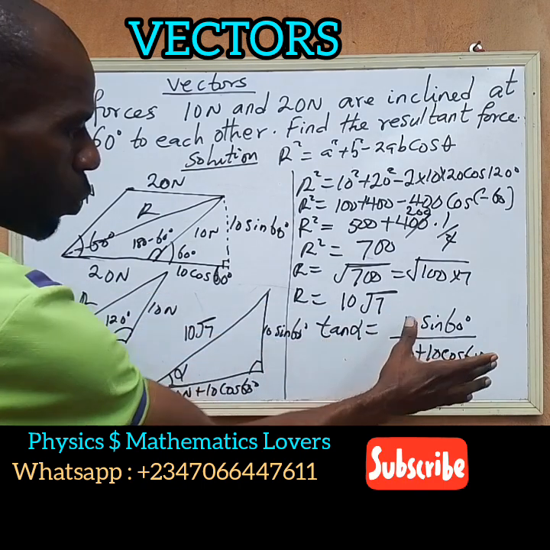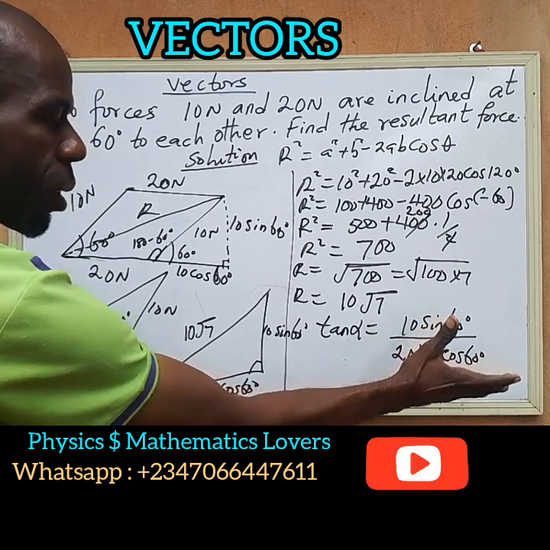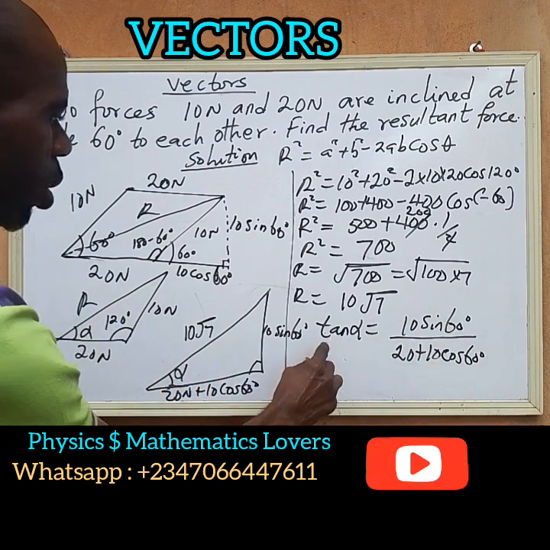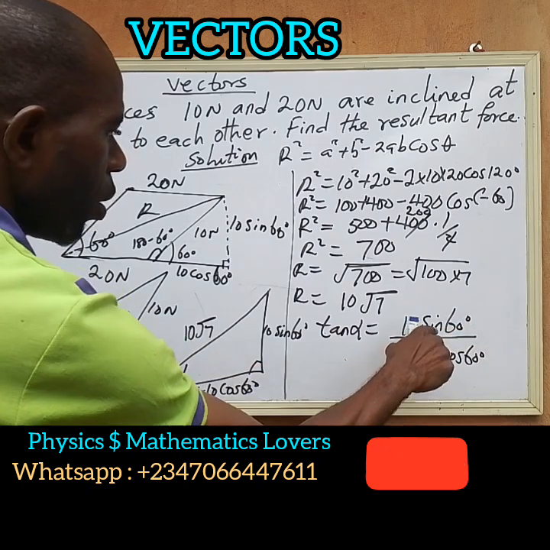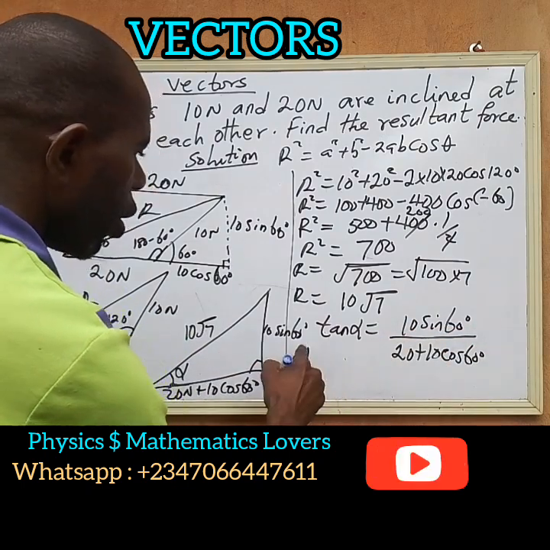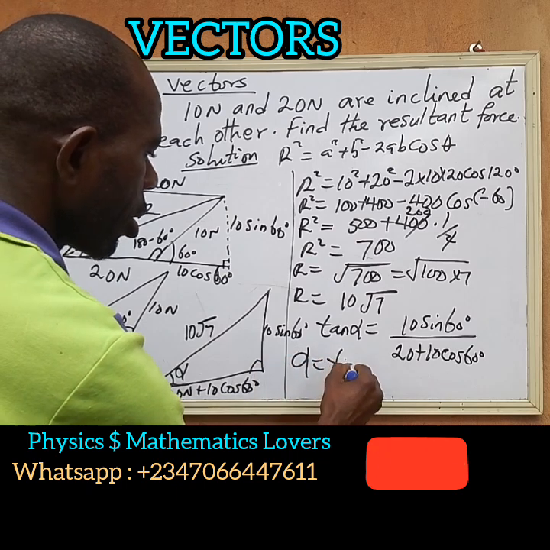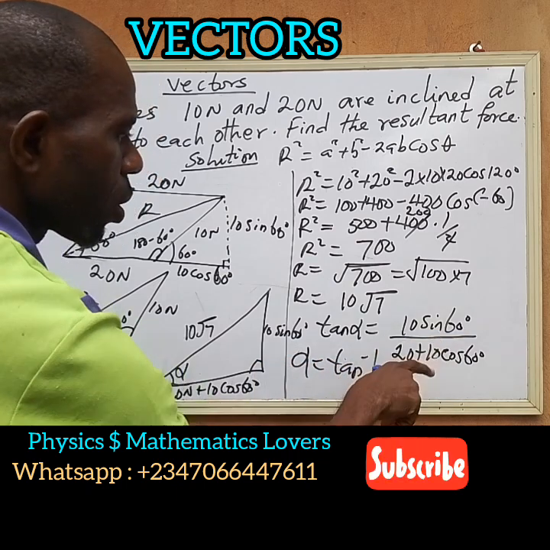Now what you just need to do is use your calculator and evaluate this. What you do is the arctan. So your alpha will be equal to arctan, that is the tan inverse, of 10 sine 60.